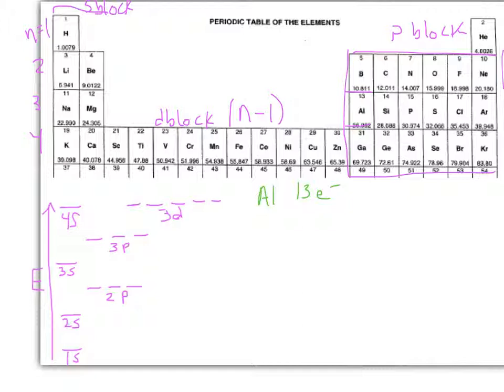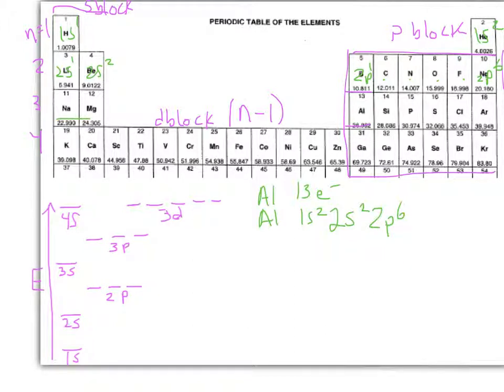So 1s1, 1s2, that one's full. 2s1, 2s2, that one's now full. 2p1, 2p2, 2p3, 2p4, 2p5, 2p6, now that one's full. We still haven't reached aluminum yet, so we need to continue.